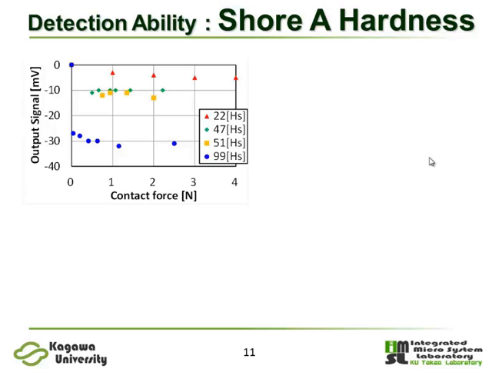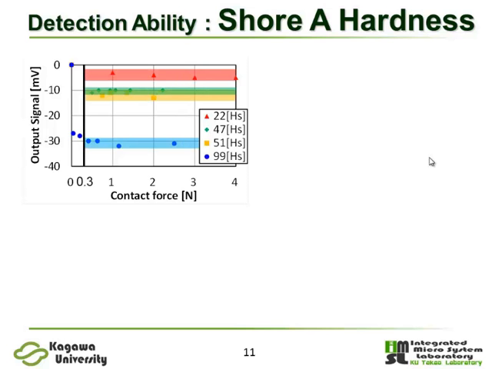This figure shows the output voltage dependence on the contact force for various measuring objects with various hardness. As we can see, output dependence on the contact force is small enough to distinguish the hardness difference. This small dependence is realized by the proposed reference plane structure in this study.